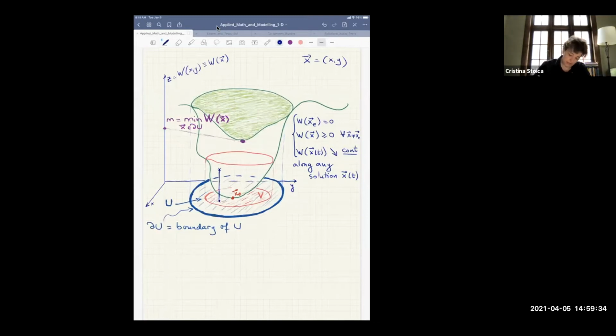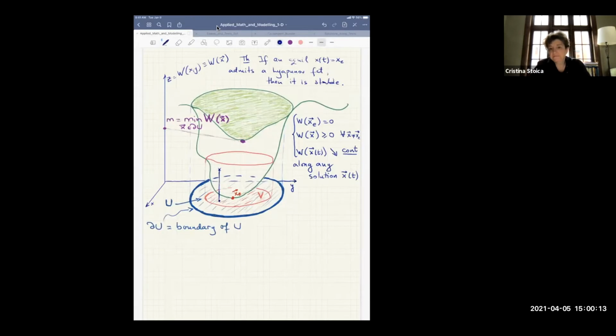So it would be this theorem: if xe, an equilibrium x of t equals xe of an ODE, admits a Lyapunov function, then it is stable.